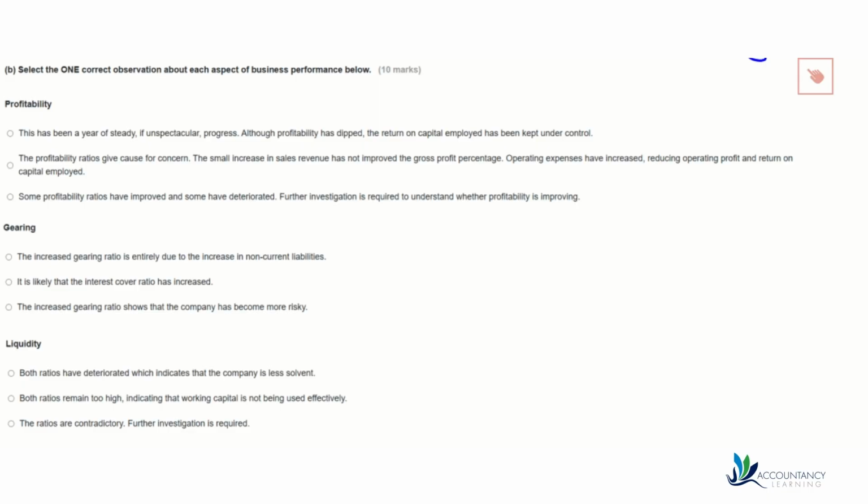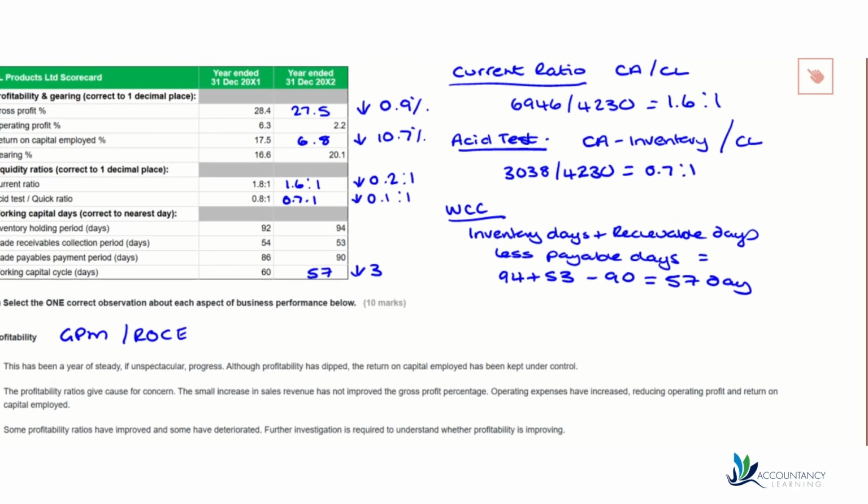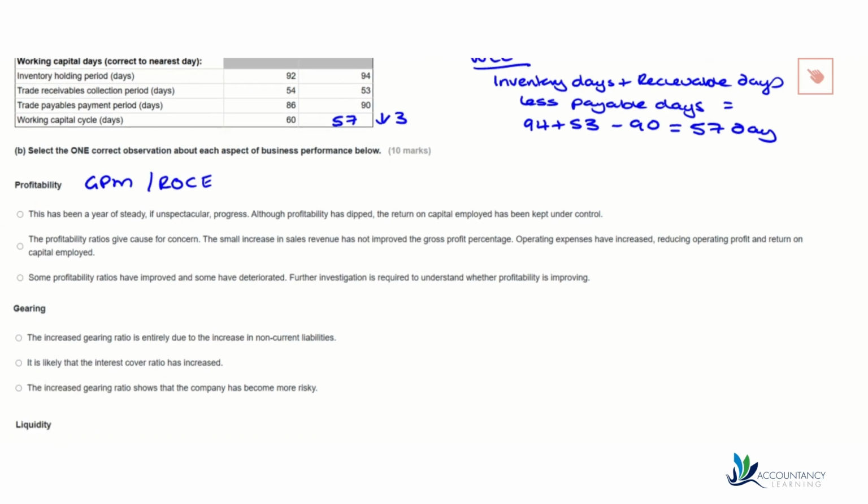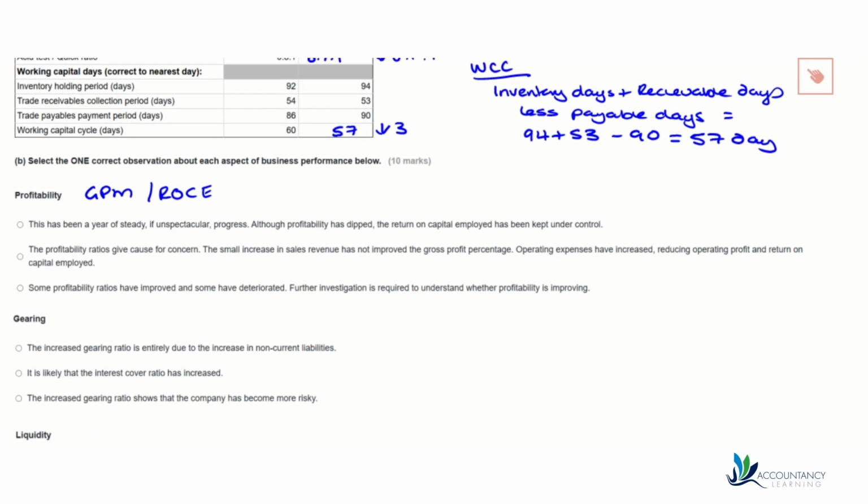So the two profitability ratios that we've been dealing with here are the gross profit margin and the return on capital employed. And from above, we can see that they've actually deteriorated, both of them, through the year. So the profitability ratios should give us some concern.